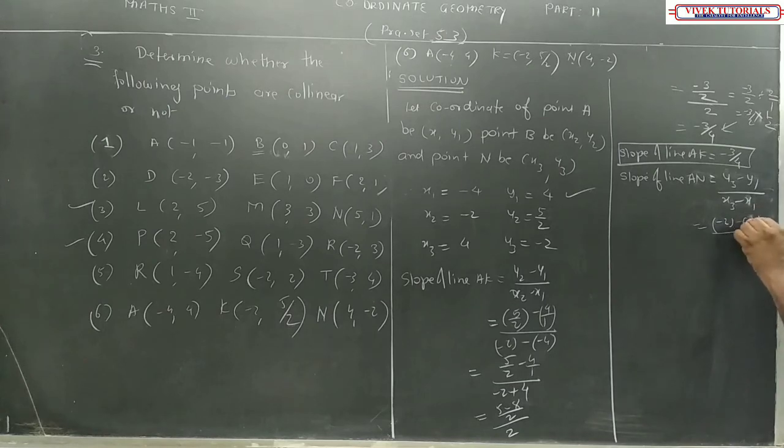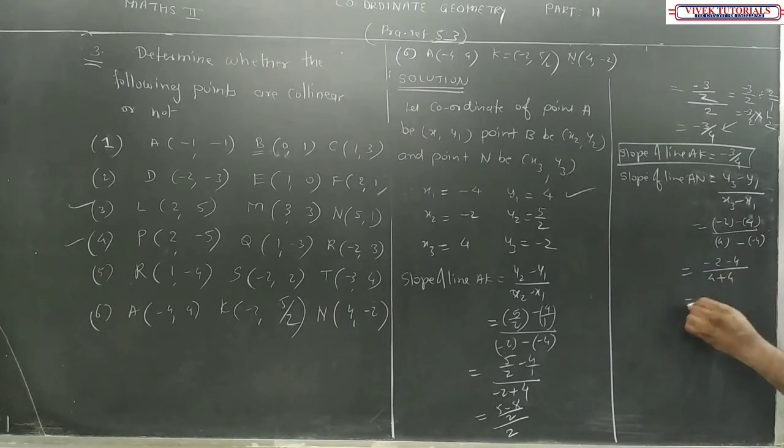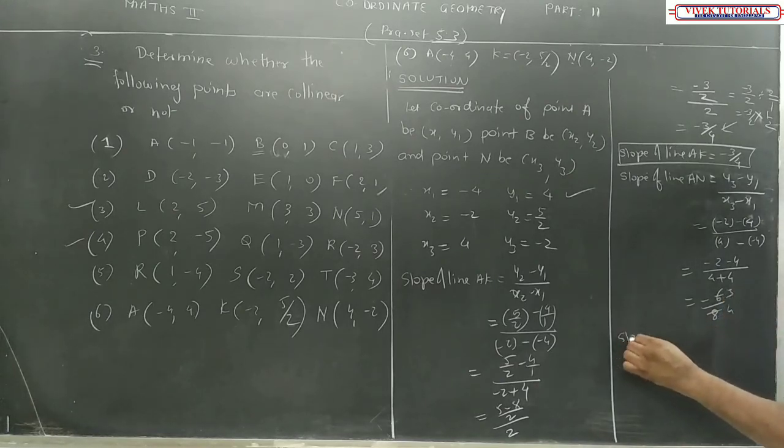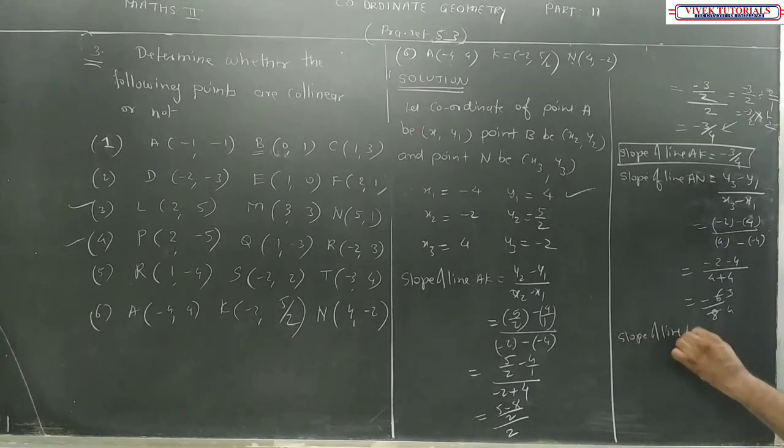So it is -2 plus 4... more precisely, -2 minus 4 upon x3, which is 4 minus -4, so 4 plus 4. That is -6/8, and if I cancel it will become -3/4. So the slope of line AN is equal to -3/4.